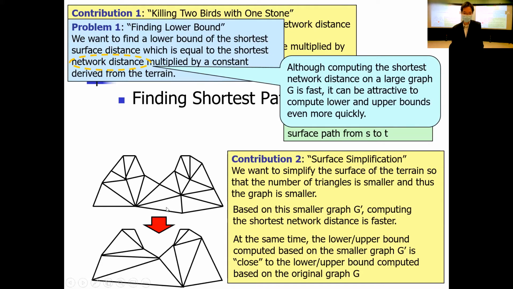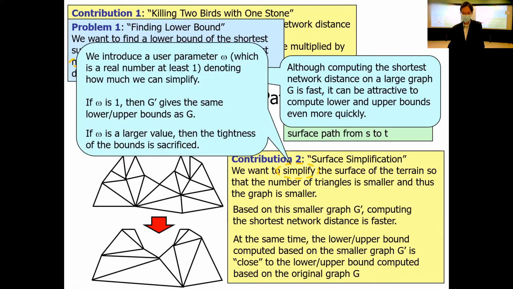Now let's see the visual illustration. Originally, we have many triangles, and after the simplification, we have fewer triangles like this. This is what we did in this paper. And now we want to highlight what we mean by simplify. Okay, we want to quantify what we mean by simplify. We will introduce a user parameter, omega, which is a real number, at least 1, denoting how much we can simplify.